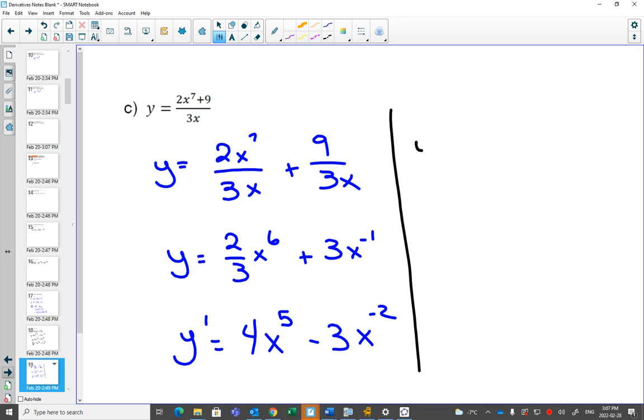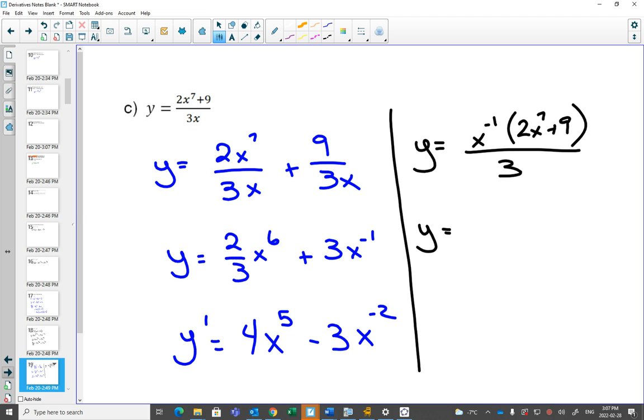Second way is you could change the x to an x to the negative 1 and bring it to the top. And then you could distribute your x to the negative 1 on top and get 2x to the 6 when you add those ones, plus 9x to the minus 1.